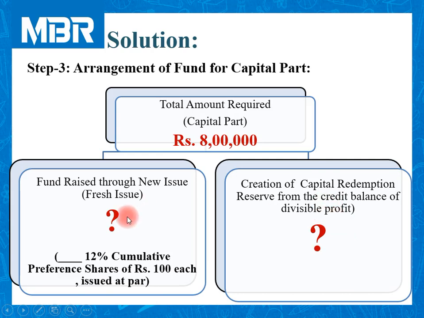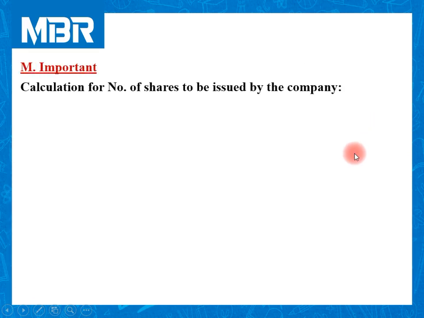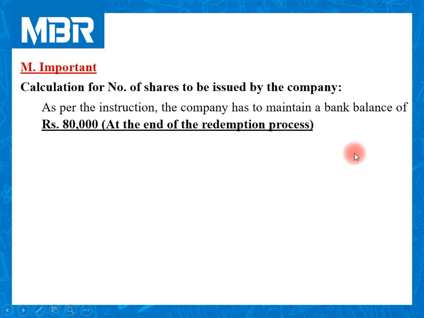But the number of shares issued by the company is not given, so right now we are not able to complete the arrangement of the fund. Arrangement of the fund is based on maintenance of the closing balance as given in additional information.